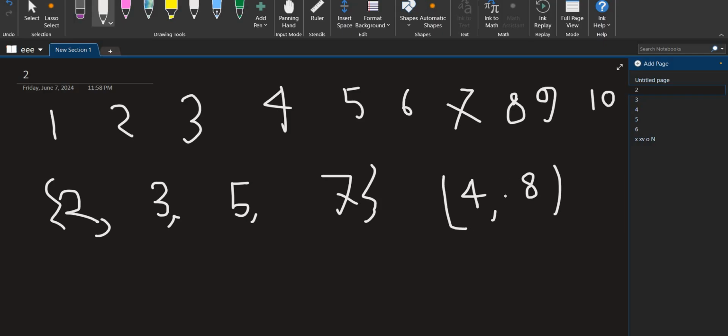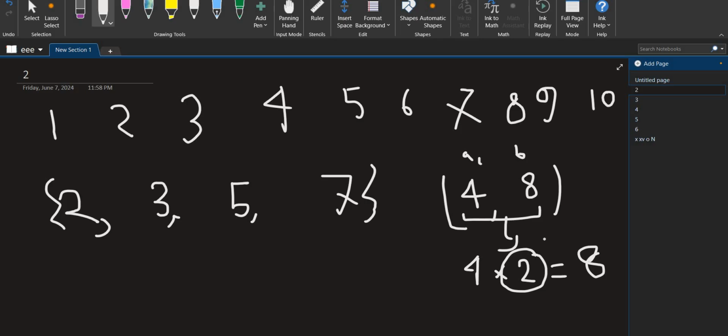Okay, let's say a pair. This is a pair of A and B. We've got 4 and 8, and you can analyze one thing: 4 times 2 would give me the value 8. Here, the value 2 is actually a prime number, right?